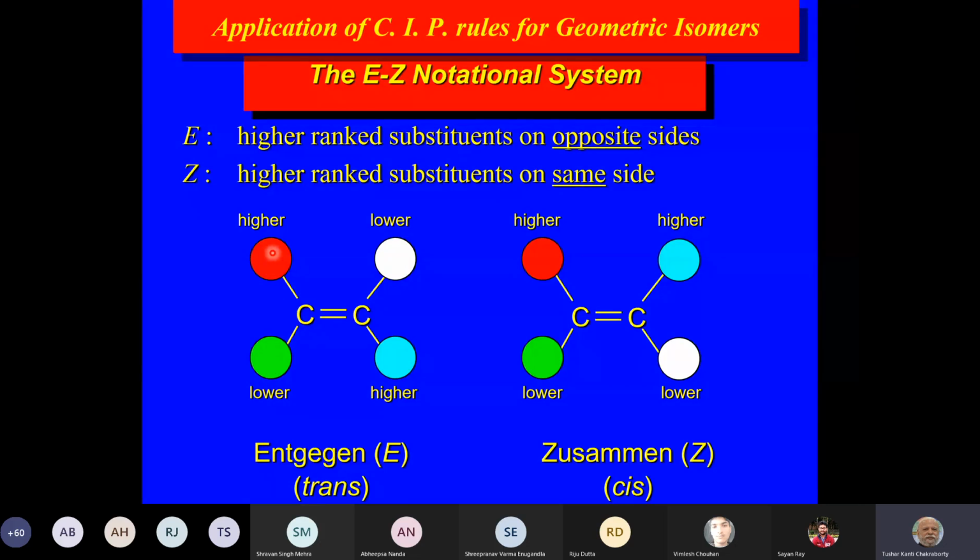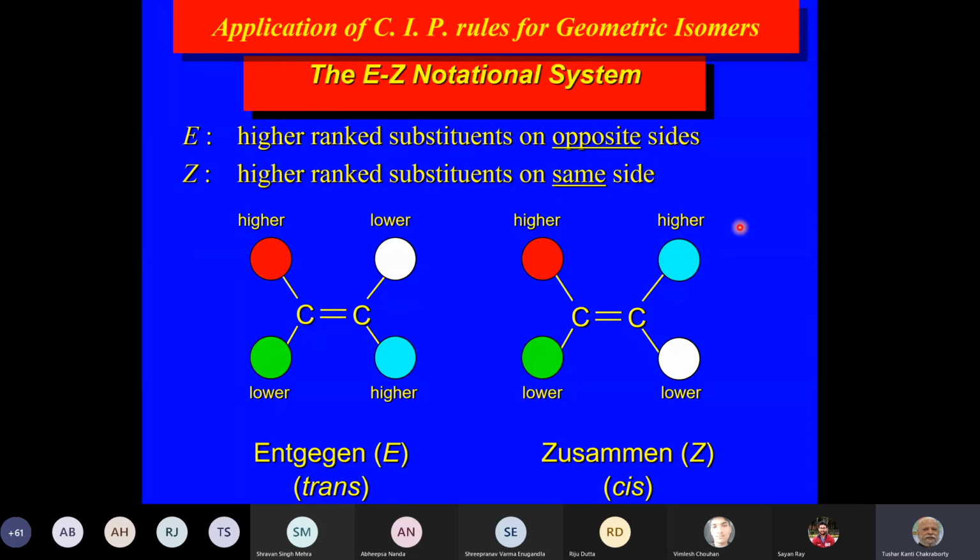So if the higher priority substituents of each carbon are on the opposite side, you call them trans. And if those two higher priority substituents are on the same side, we call them cis. And to determine the priorities of these substituents, you follow the same CIP rules.